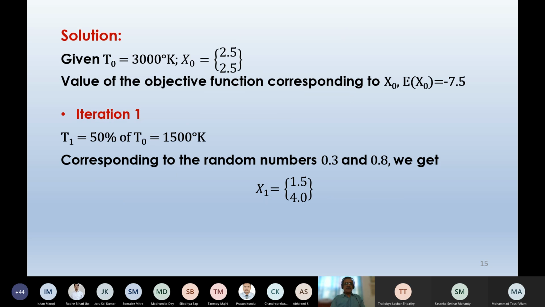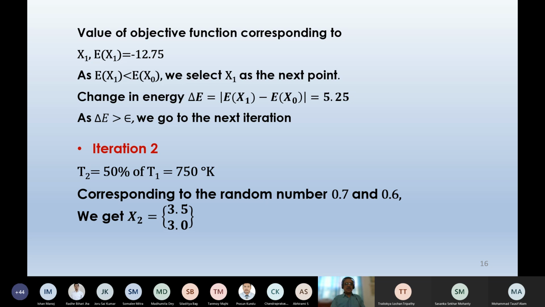E of X0 was minus 7.5, and E of X1 is 12.75. So E of X1 is less than E of X0. So we select X1 as the next point, because it is going to follow that particular condition that E of X1 is less than E of X0. This is a minimization problem. So we select X1 as the next solution.